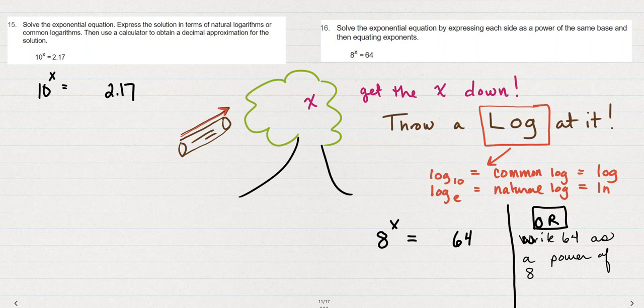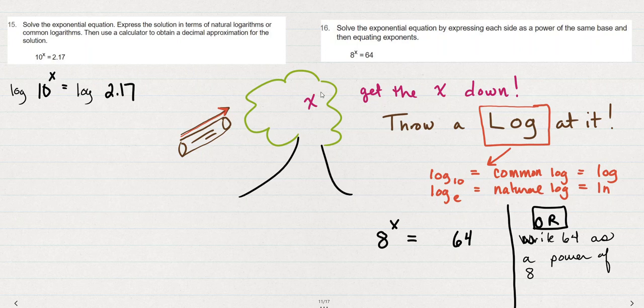Number 15, we can't rewrite the 2.17 as a power of 10. But what we can do is rewrite this with a log, solve this one, express it in terms of logs. So what we would do is take the log of both sides, throw a log at it when the x is up in the tree.